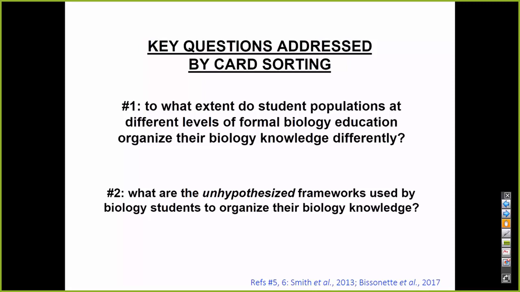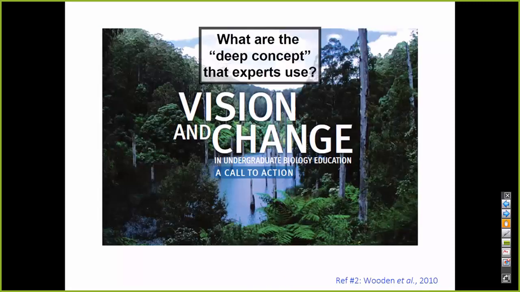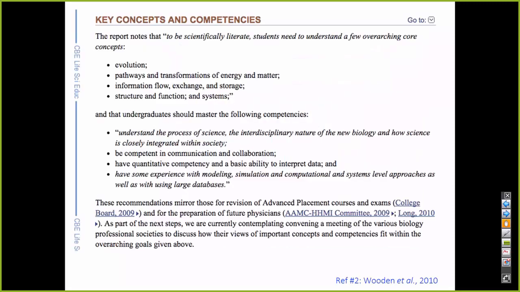And then the second thing that I've talked about is, what are the unhypothesized frameworks? Because I'm getting information now from that. So, okay, what are the deep concepts that experts use? This can vary. You may challenge how this has been sorted, but this was based on a consortium. The paper was published in 2010, and they got together and asked: what are the key concepts and competencies that we want students to walk away with, right?